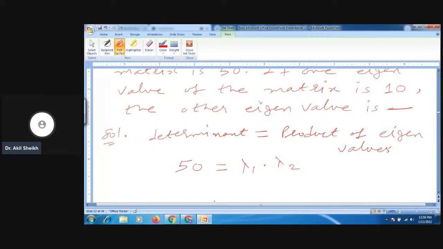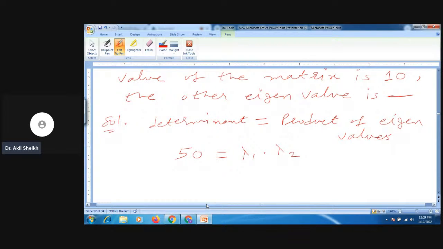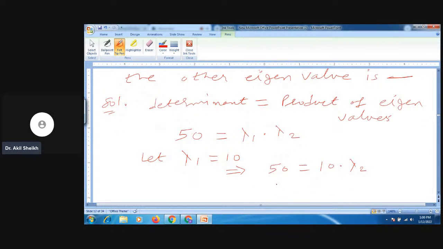And it is given that one eigenvalue is 10. So assume lambda 1 equals 10. Substituting this value in this equation, we get 50 equals 10 into lambda 2. We get lambda 2 equals 5. So the other eigenvalue is nothing but 5. We satisfy this given condition.